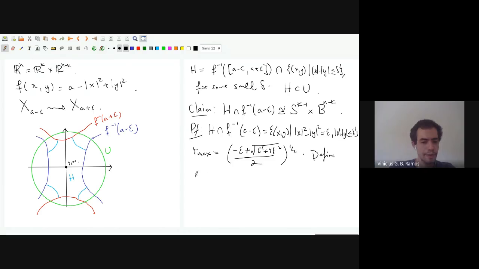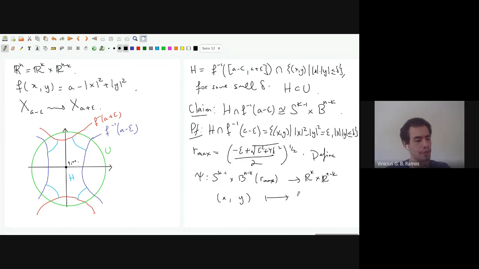You can define an embedding that goes from S^(k-1) times the ball of radius r max into your R^k times R^(n-k), that takes x and y to (epsilon plus norm of y squared)^(1/2) times x, and y.